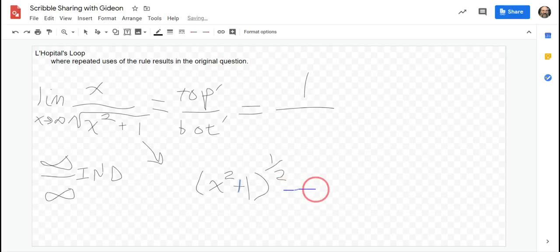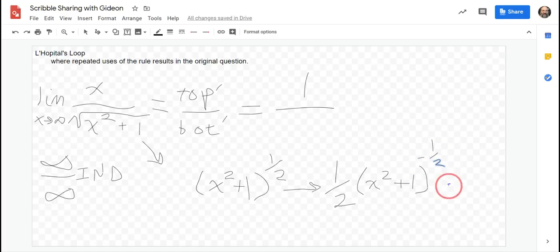When I take the derivative, that becomes 1/2 by the power rule, and x squared plus 1 with the power lowered by 1, so I get negative 1/2. And of course, I have to use the chain rule because this is not just a simple x. I applied the power rule, but there's something complicated inside the parentheses, so I have to multiply by the derivative of x squared plus 1, which is 2x.